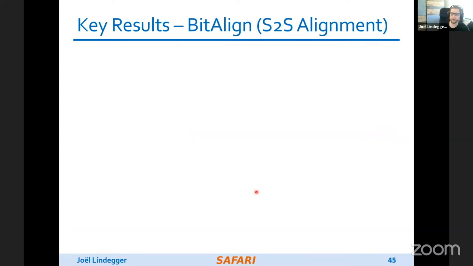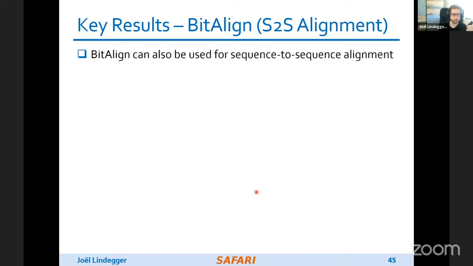Now, for fairness, we also evaluate sequence-to-sequence alignment, because that's the only place where there exist any hardware accelerators. So the only graph baselines so far were software, because there are simply no hardware accelerators for graph alignment. But to have at least an idea of where we stand, we also compare to sequence alignment accelerators.